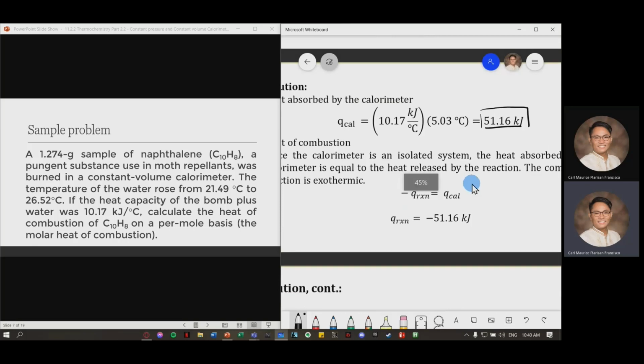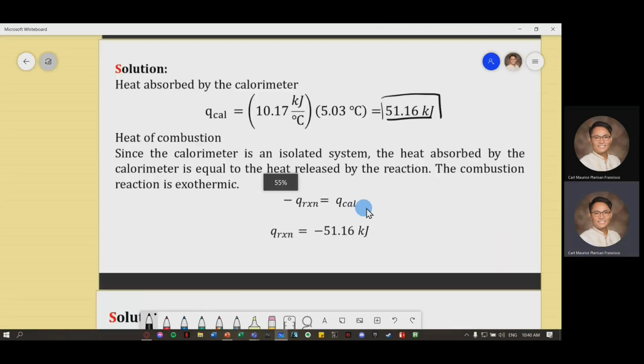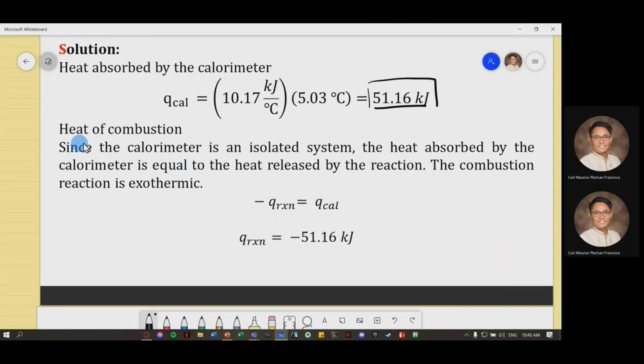So next. According to the whiteboard, heat of combustion. Remember, this is a constant volume calorimeter. Since the calorimeter is an isolated system, the heat absorbed by the calorimeter is equal to the heat released. In other words, the heat that was absorbed is numerically equal to the heat released by the reaction.